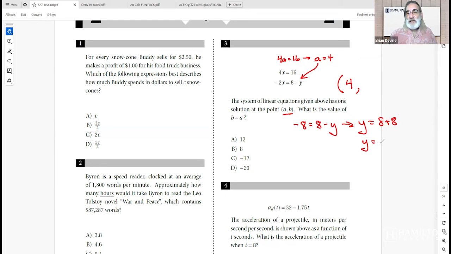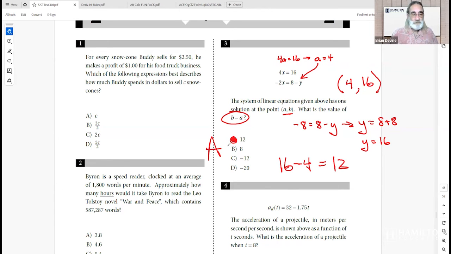So Y equals 16, which means that B is 16. And we want B minus A. So 16 minus 4 would be 12. So A is the correct answer.